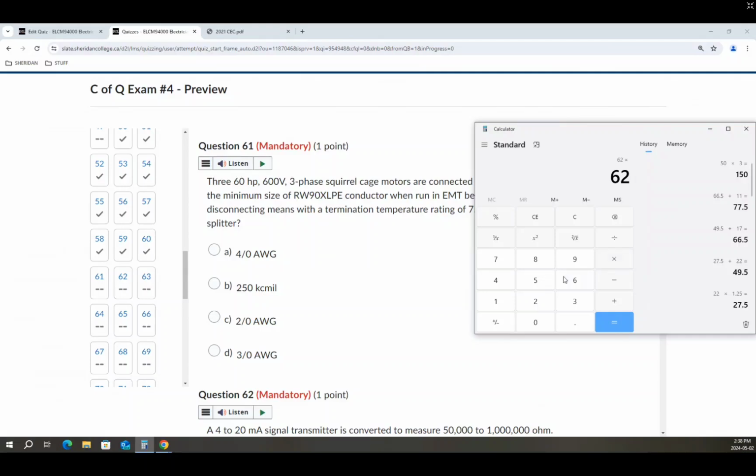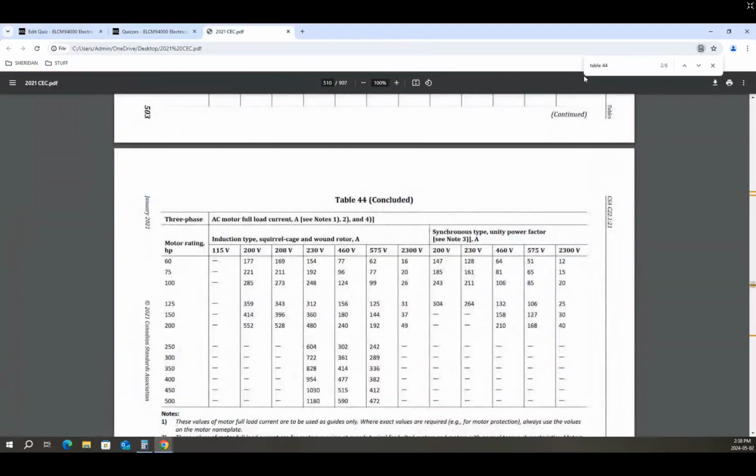So I've got to multiply the first one by 1.25 and then add the other ones straight up. So I got 201.5 amps.